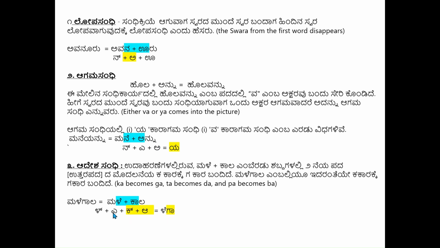Whereas out here, a is part of the first word, and k, which is a vyanjana, is part of the second word. So because a vyanjana comes into the picture, it is called a Vyanjana Sandhi.